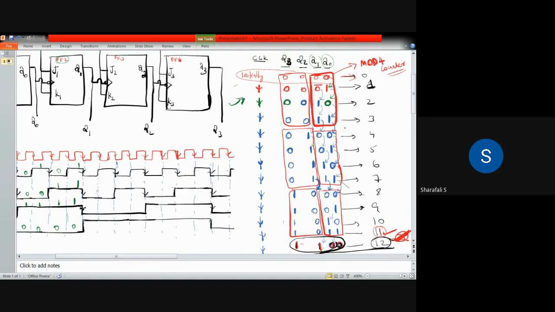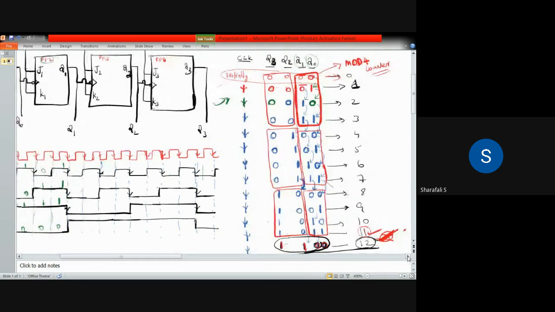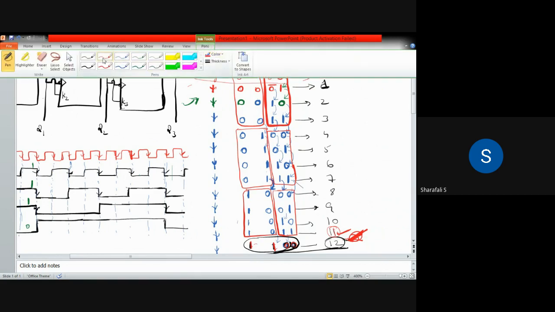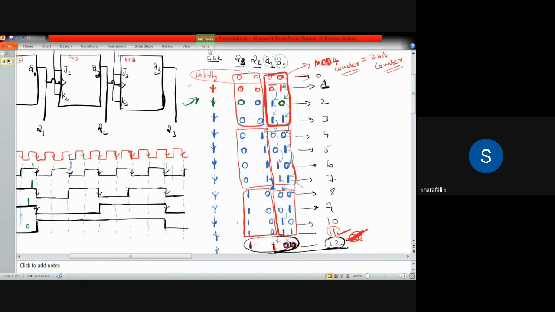Mode 4 means 2-bit, 2 raised to 2 is 4. So the maximum number of states is equal to 4. This is the output of the 2-bit counter, this side, the first one.